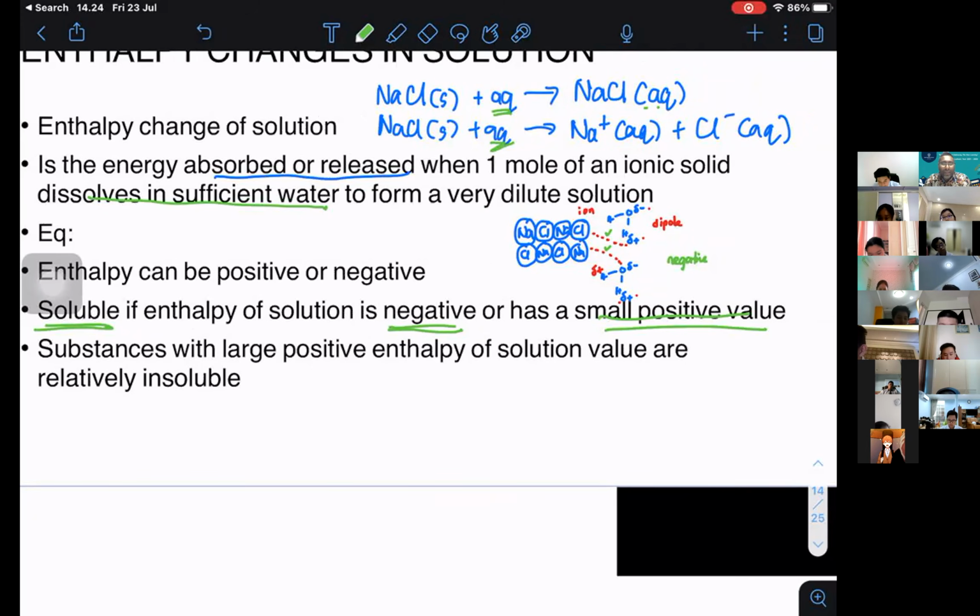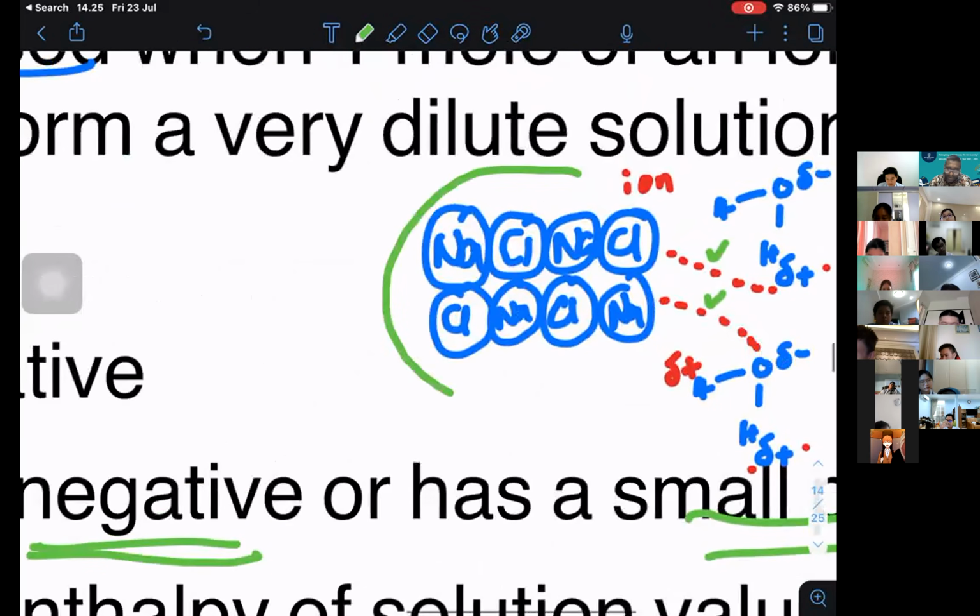But if you have a large positive enthalpy of solution, it means that they are not forming bonds properly with water. It means that they are not going to dissolve. Water is not able to separate you from the friends. These are the friends. Water is not enough to actually separate you. So they don't dissolve. They stay as the giant ionic lattice.